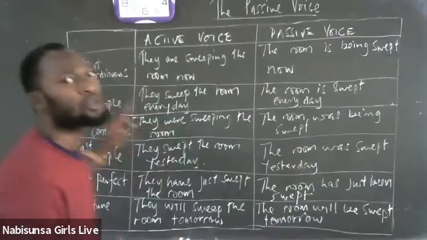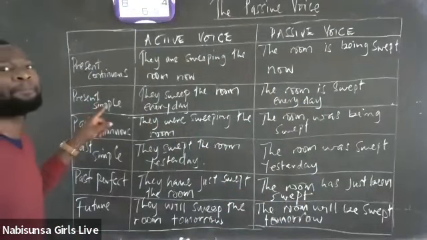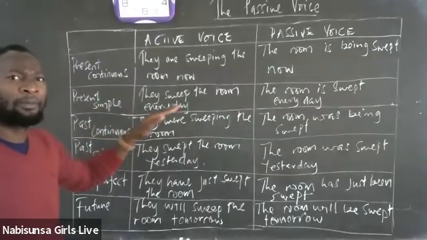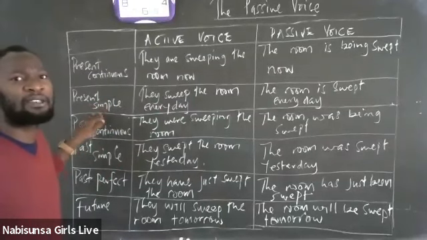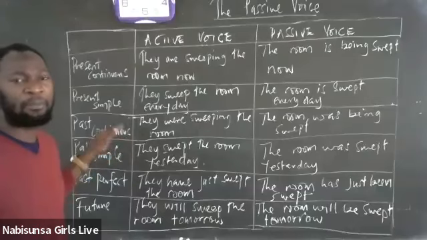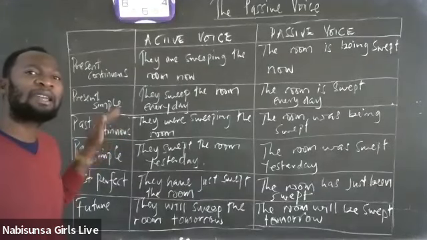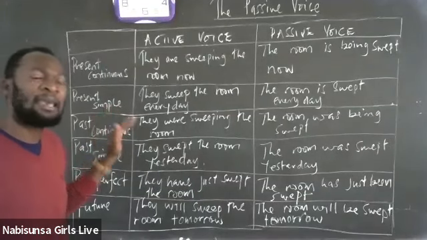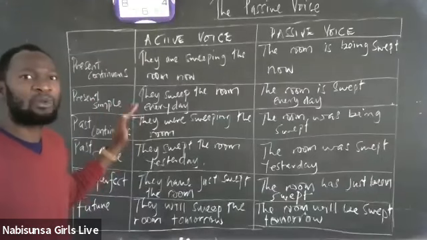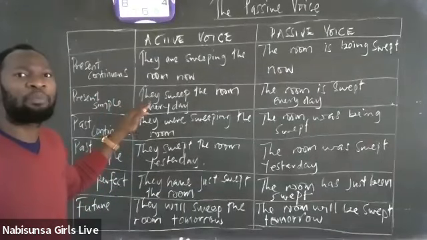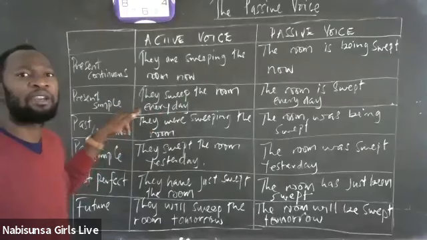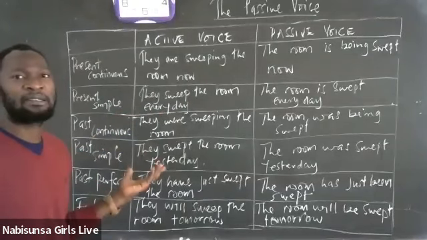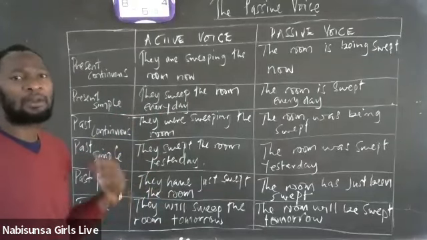When we go to the second column, we have the present simple tense. In the present simple tense, we are talking about an action that takes place in the present. Here they say, they sweep the room every day. Present simple: it's an occasional thing.